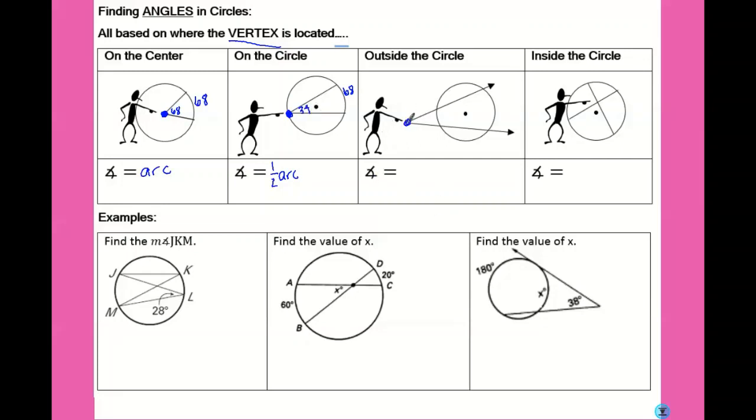If the angle is outside the circle, it's going to be half of the bigger arc minus the little arc, so the parts that are inside the angle.